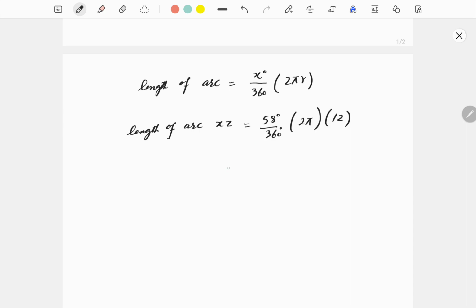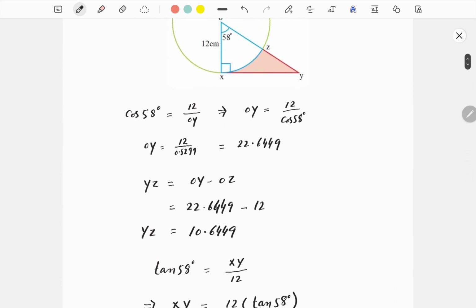So these are the values of all the parameters. If we simplify this, we will get 12.1474. Now we have calculated all three lengths.